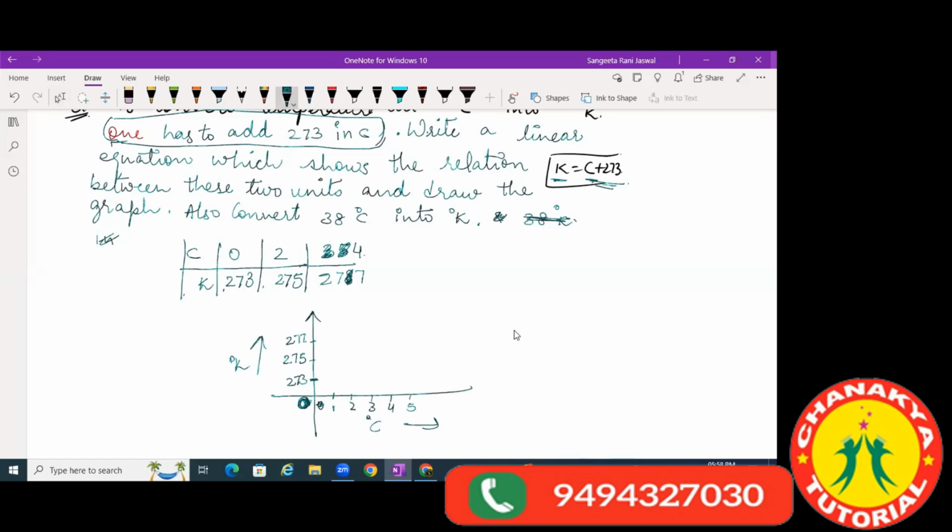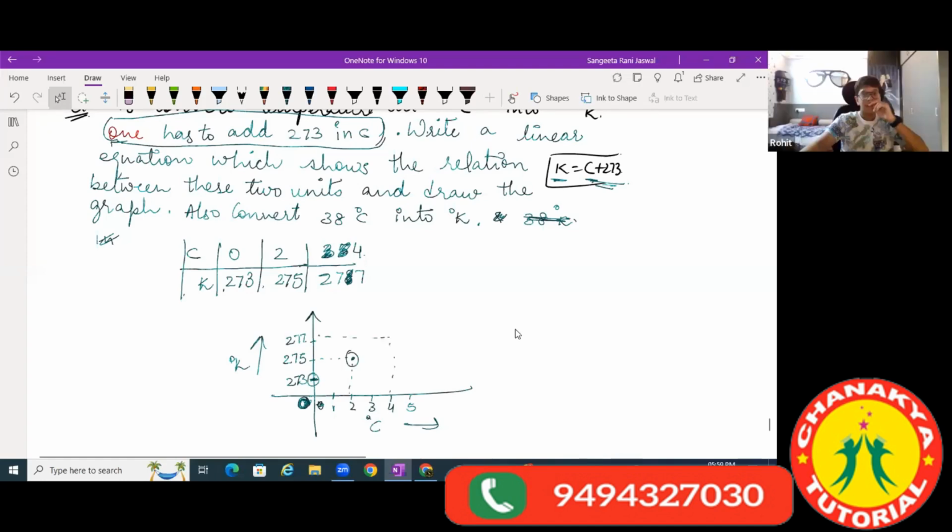Here you can see you have your point numbers at 0, 2, 4. When you have your Celsius as 0, you have your Kelvin as 273. Then you have your 2 here, then it's 275. Then you have your 4 here, this is 277.